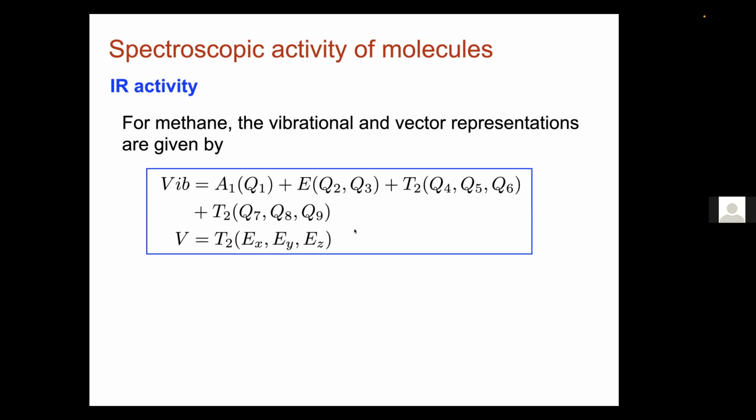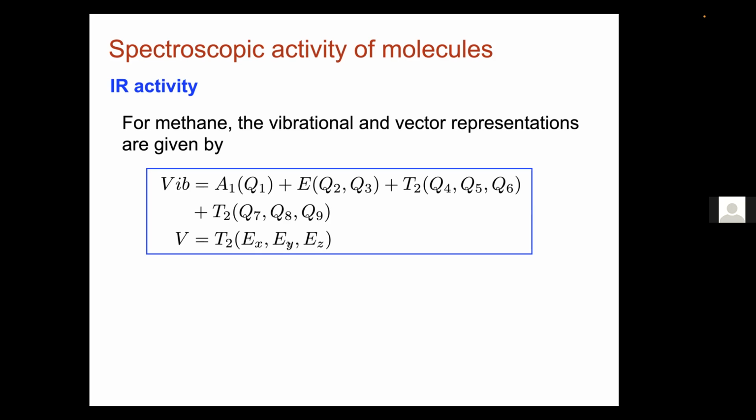Okay, this is V, the vector representation, which is irreducible for the group Td, is just T2 times Ex, Ey, Ez. So now I have to see how many invariants can I construct. Why? Because the Hamiltonian, we have just seen, has to be a linear combination of bilinear invariants. So if I construct these bilinear invariants, I know the form of the Hamiltonian with some independent coefficients, of course.